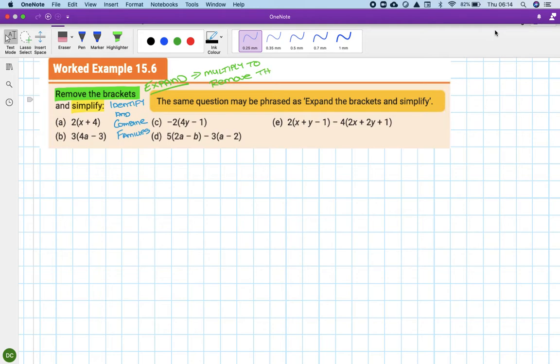Okay, something like that. Multiply to remove the brackets. Okay, so let's do the first one.